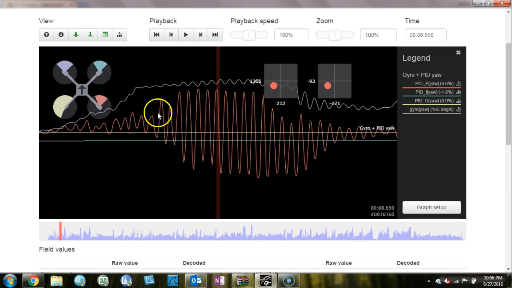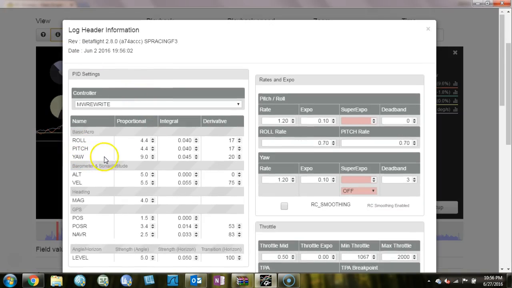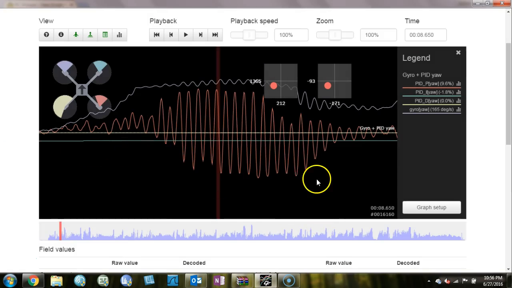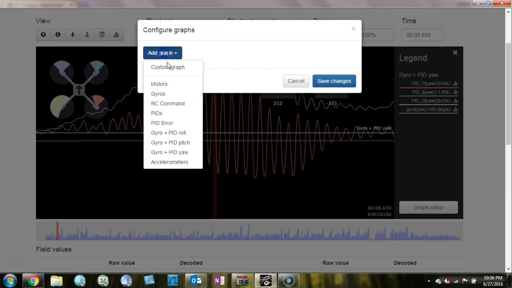And specifically, this sinusoidal smooth oscillation is very characteristic of excess P gain. You have excess P gain on yaw, your yaw P gain needs to come down. Your yaw P gain is 9. I would take it down to at least 7.5 maybe, and see how that works for you. So that's why we always look at the gyros first, isn't it?